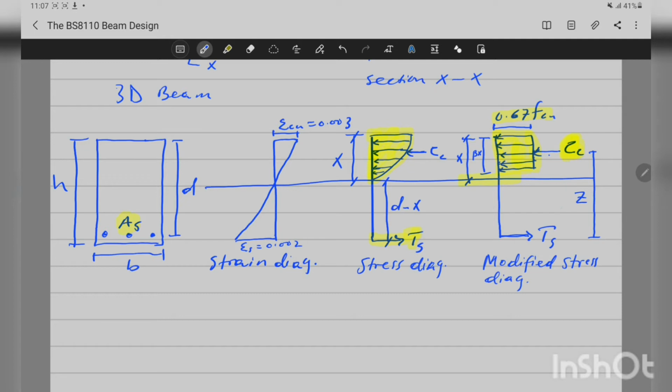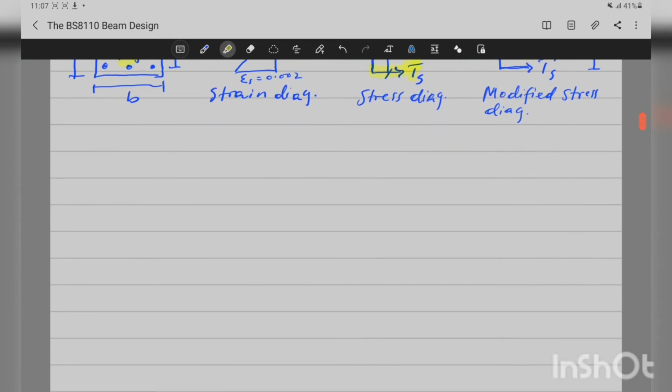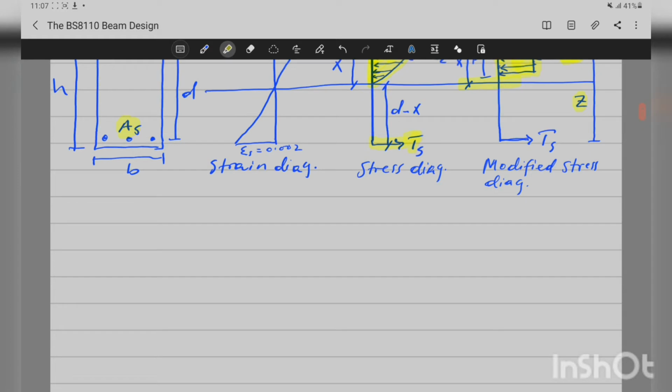The distance between the two forces in concrete and steel, CC and TS, is the lever arm, which is denoted by Z.